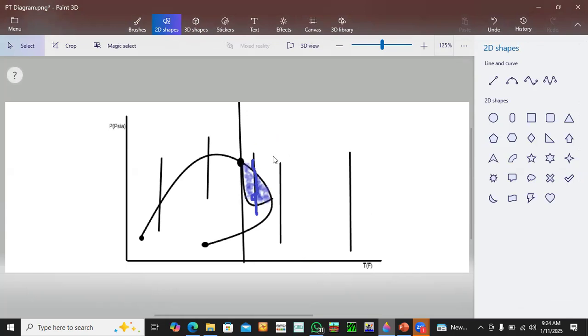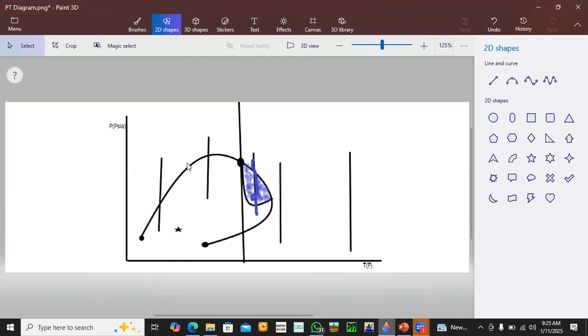The special thing about the wet gas is that it will not fall within the two-phase region. It doesn't exhibit two-phase behavior within the reservoir, but its separator condition is within the two-phase region, which means at the surface it will produce some amount of liquid. That's why it's called wet gas.